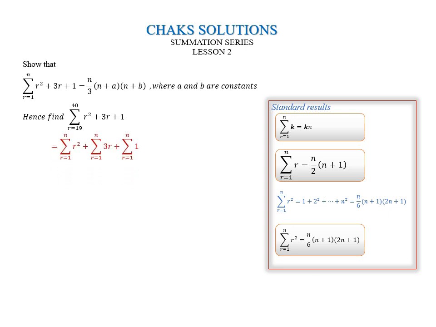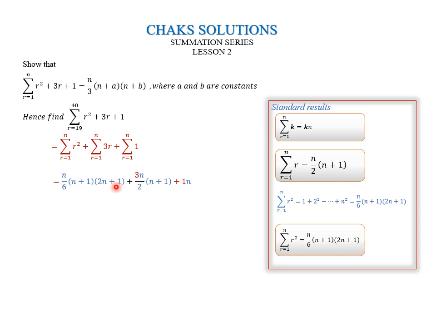We noticed in the previous lesson that summation is distributive over addition and subtraction. So here we can split our function into r squared, 3r and 1 under the same summation from r equals 1 up to n. The summation of r squared from 1 up to n is equivalent to this result here.